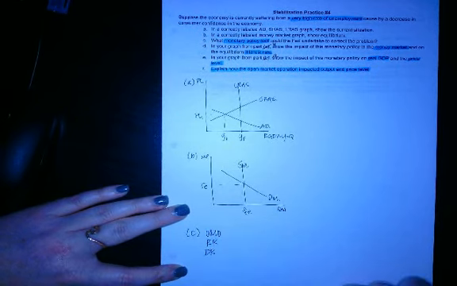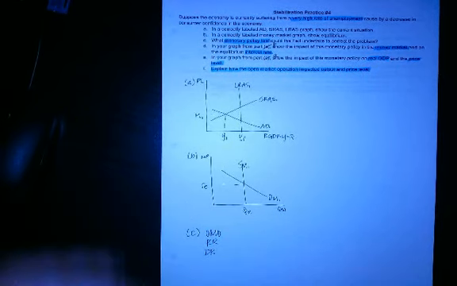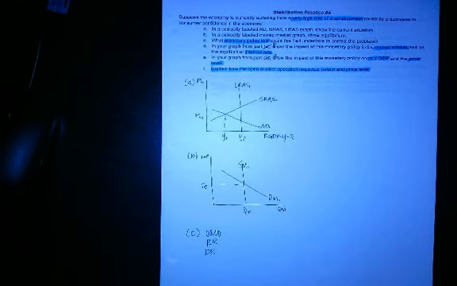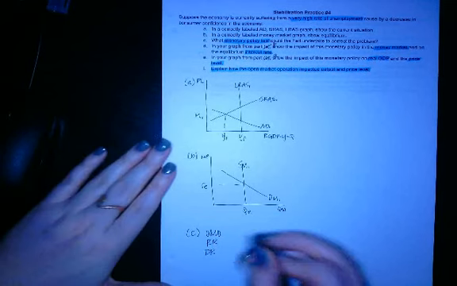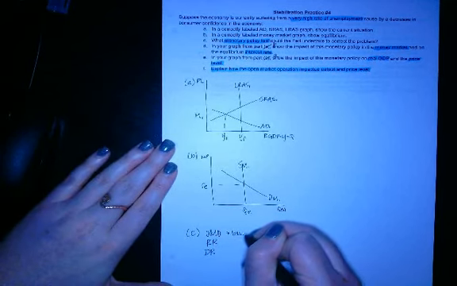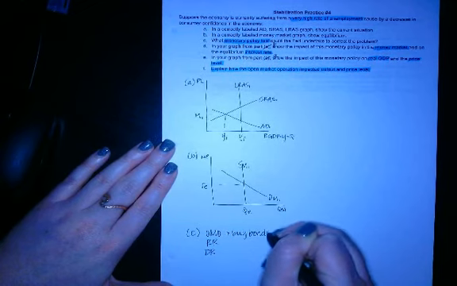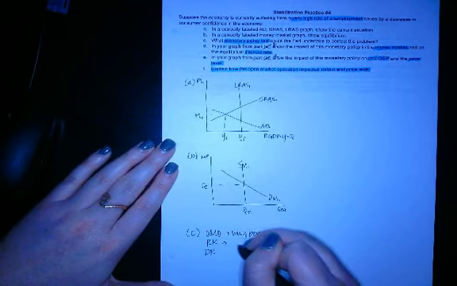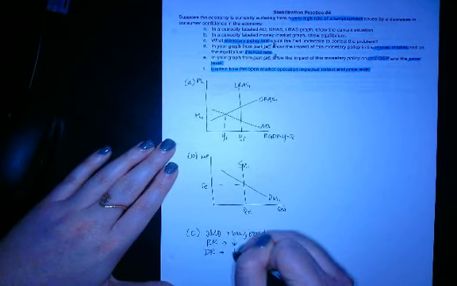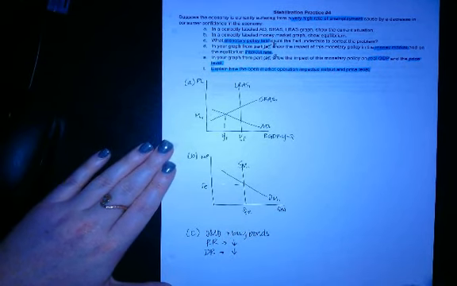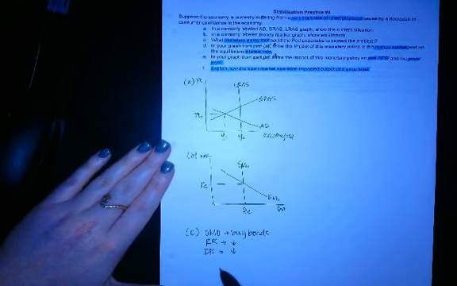So it just wants one, but we're going to go through all 3. In terms of open market operations, we want to buy bonds. Our reserve requirement we're going to want to decrease, and our discount rate we're going to want to decrease. So to get the full point for C, all you have to do is identify one, but we're going to be extra special and label all 3.